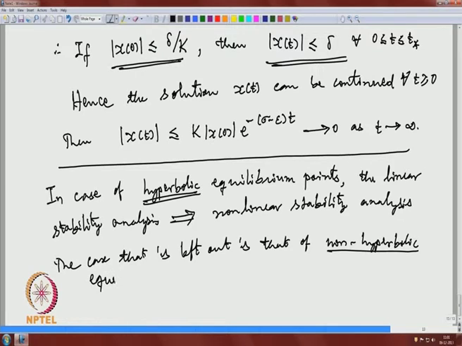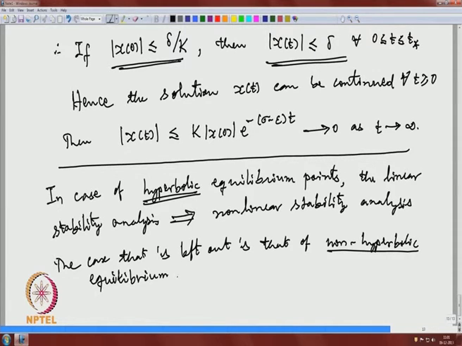That means the Jacobian matrix now will have eigenvalues with 0 real part, and we have seen through examples that the linear stability analysis may or may not imply the nonlinear stability. We have seen examples where, in the case of non-hyperbolic equilibrium points, the equilibrium point may be stable in the linearization, but unstable or even asymptotically stable in the nonlinear case.